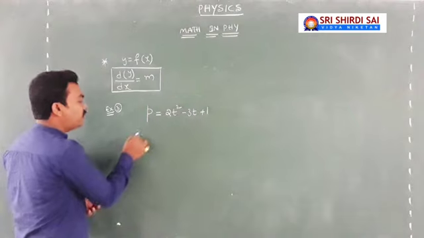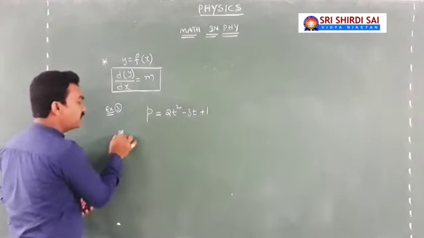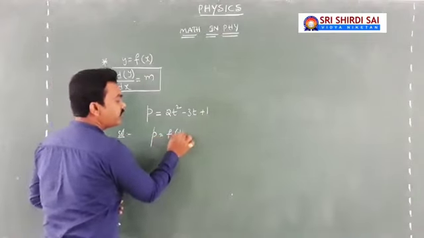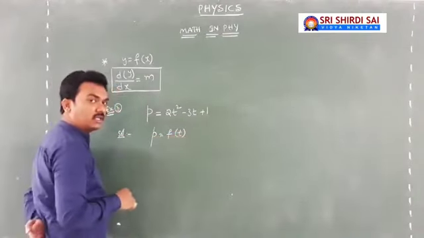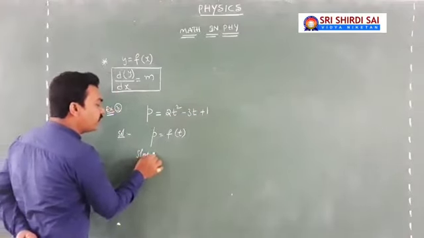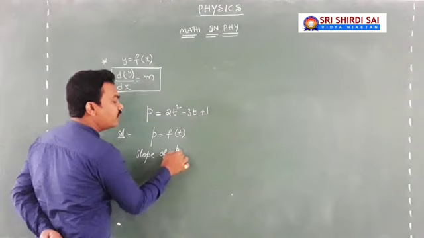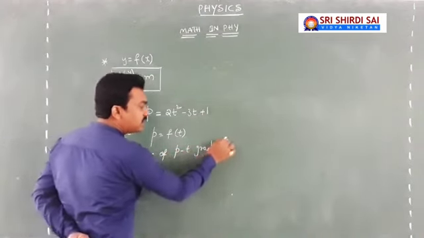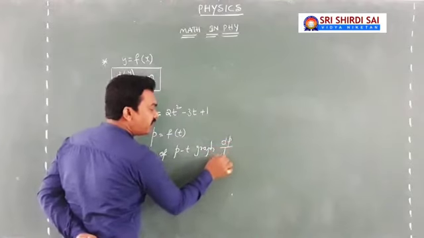So simply what you can write here is, your momentum is a function of time. So what? Coming to the point, the slope of the p-t graph, which is dp by dt.